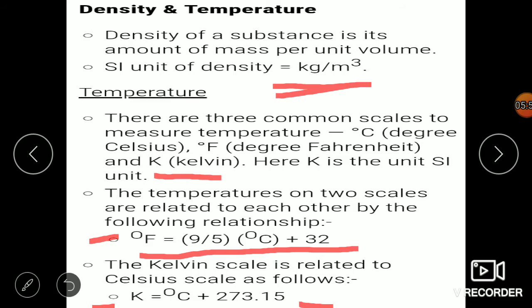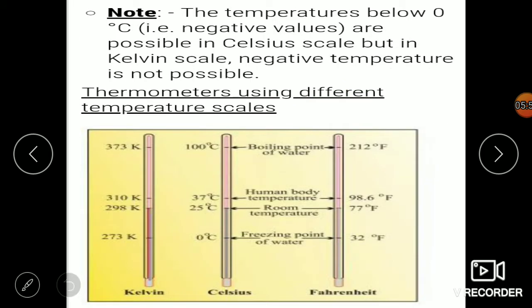So these are some units. Next, an important note over here is the temperature below 0 degree centigrade. Below 0 means what? Minus. So that is your negative values.